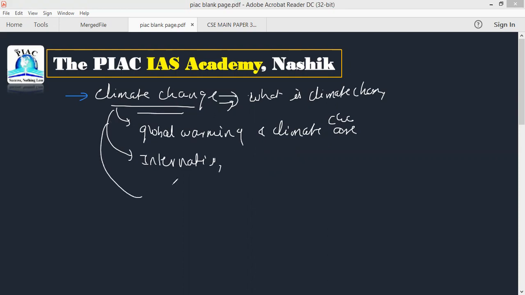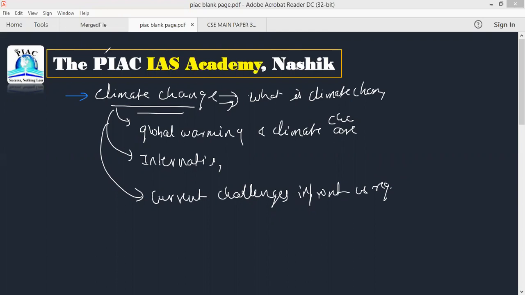What are the current challenges in front of us regarding climate change, all these pollutions? All these are the related topics, and the questions will be asked in this manner only.